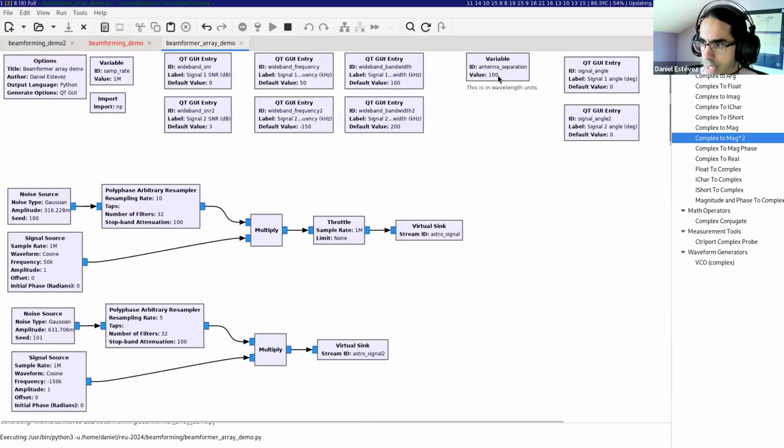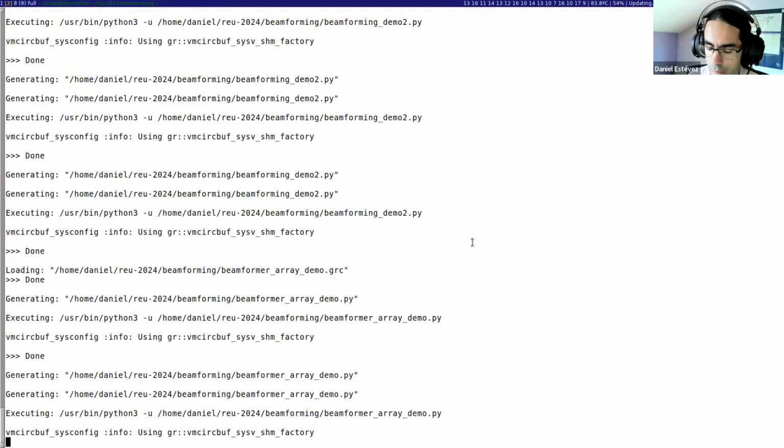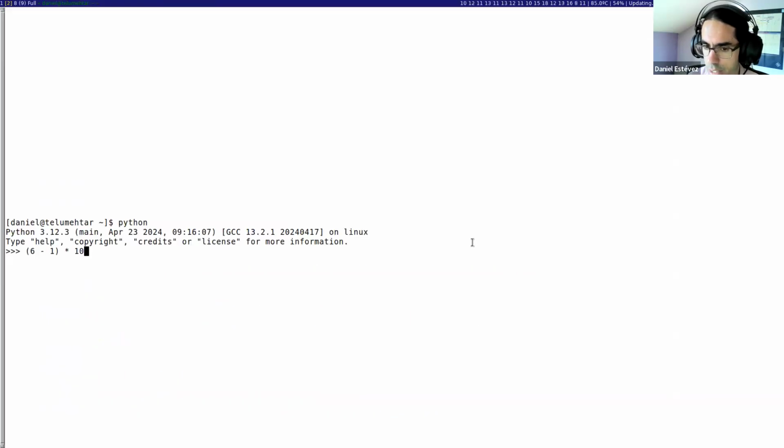I have 6 antennas. They are separated by 100 wavelengths. So 6 minus 1 really, because the maximum separation is 5 distances times 100. And 1 over this is my beamformer resolution in radians.